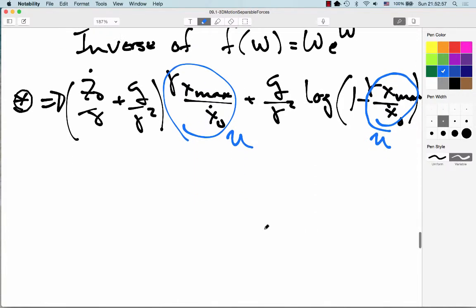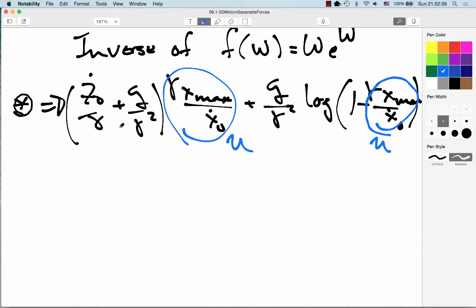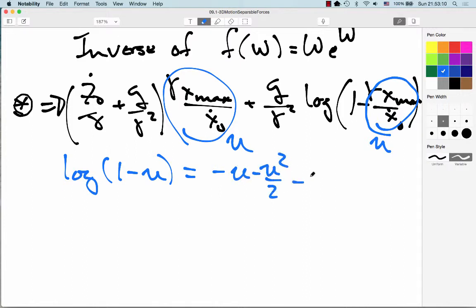Okay, and then we can go ahead and do a series expansion on the log of 1 minus u, which you'll remember is equal to minus u minus u squared over 2 minus u cubed over 3, and so forth, as long as the absolute value of u is less than 1.